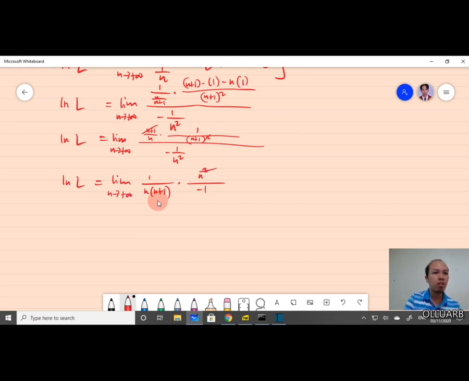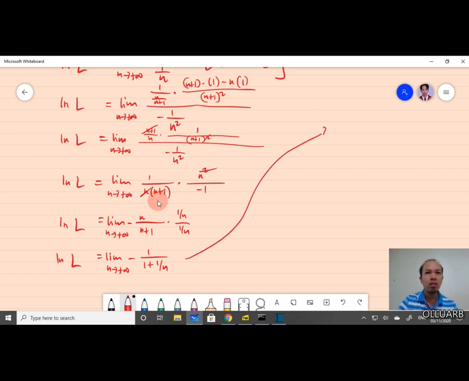So cancel out, and then we have n over (n plus 1), and we have a negative here, as n approaches positive infinity. Okay, so we can multiply both sides by 1 over n, and then finally we have the limit of the negative of 1 over (1 plus 1 over n) as n approaches positive infinity.